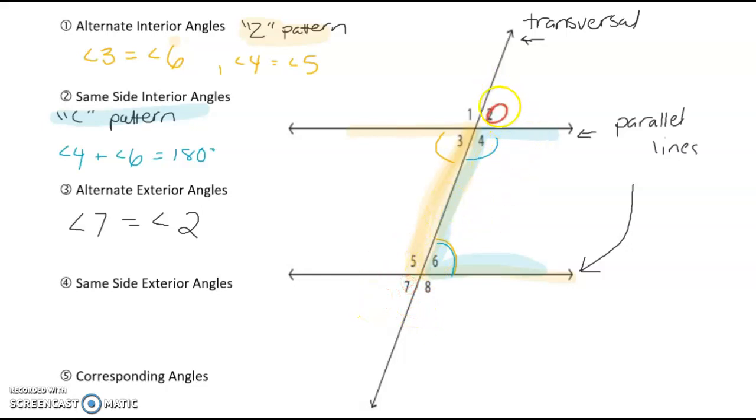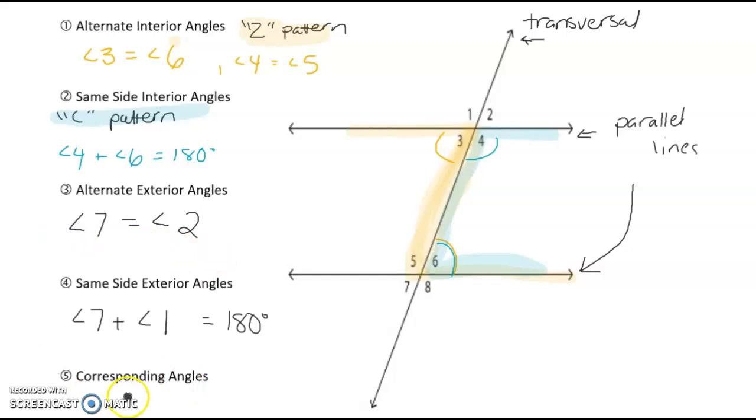So here and here. Then we have the same side exterior angles, which would be angle 7 plus angle 1 equals 180 degrees. Let's write this down. Angle 7 plus angle 1 equals 180 degrees.